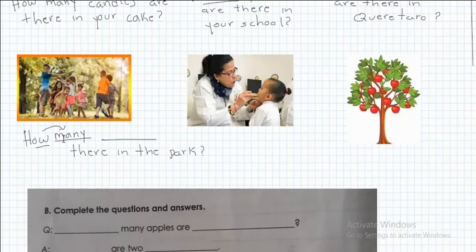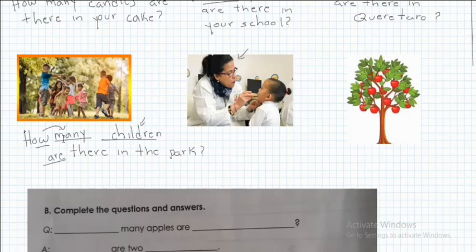How many and what else? The object, right? The object I'm talking about in this case, well, I'm talking about children. How many children? Actually, we needed another line. How many children are there in the park, okay?